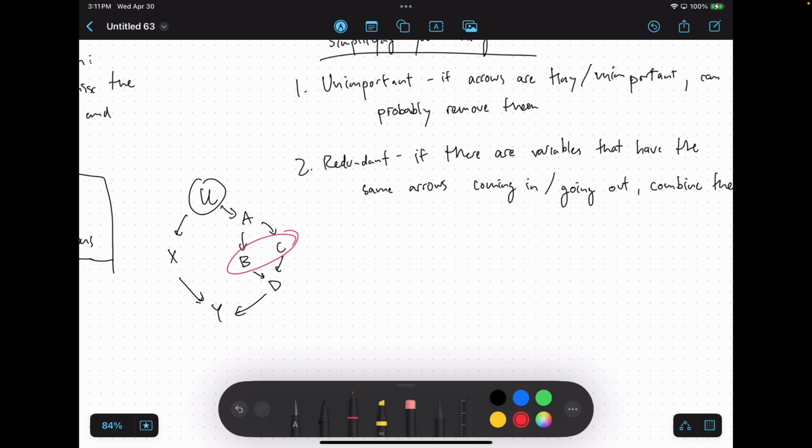You might consider these guys to be redundant, and you can combine that. Mediator variables, mediators.